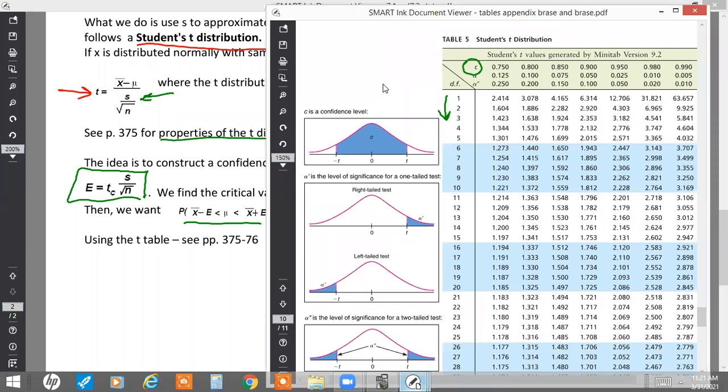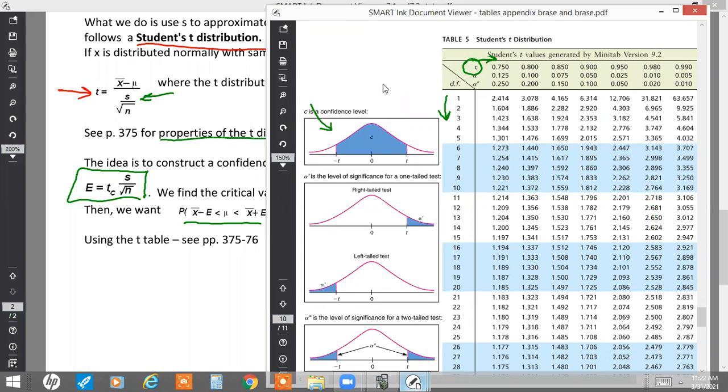And what we're working with graphically is this first graph right here, where the shaded region is C, right? So what you do then is you go down to the appropriate degrees of freedom, go across until you find the appropriate level of confidence, and then see where it meets somewhere in the middle, right? Where do they meet? Just like using a Z table almost.